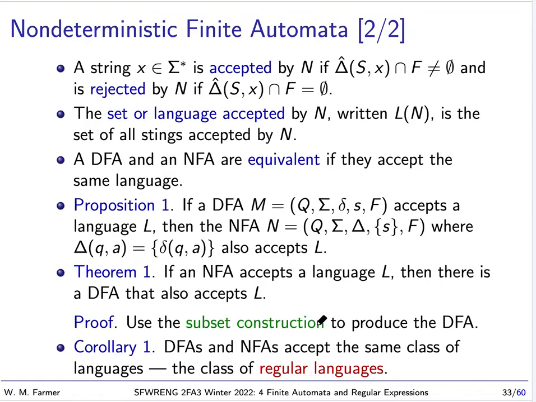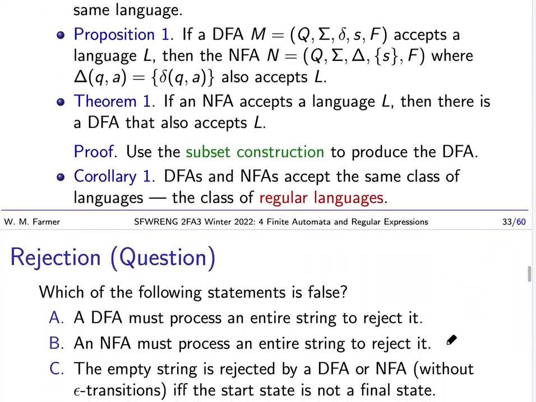And we will look at this construction in just a moment. So basically, based on Theorem 1, we can say DFAs and NFAs accept the same class of languages, and this is the class of regular languages. Remember, we said the class of all languages accepted by DFAs are called regular languages.